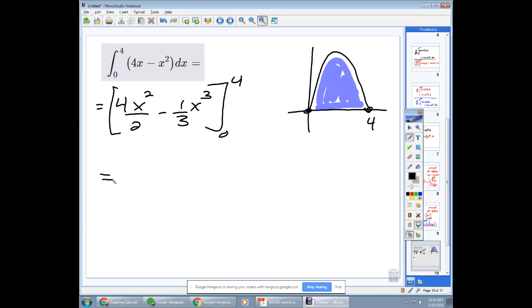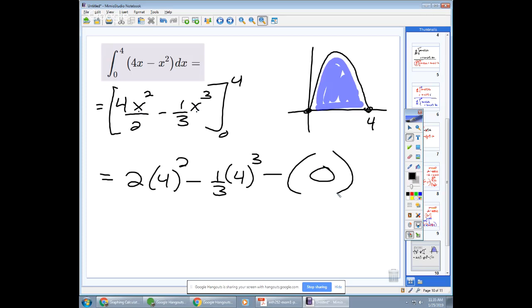Plugging in, I'm going to have a 4. Actually, I'm at a point where I can reduce that. Let's call that a 2 now. 2 times 4 squared minus 1/3 times 4 cubed, minus parentheses 0, 0. For me, it's usually worth writing that down and confirming to myself my belief is right.